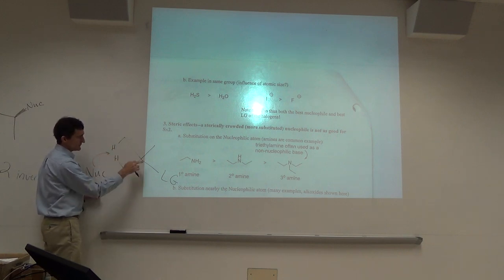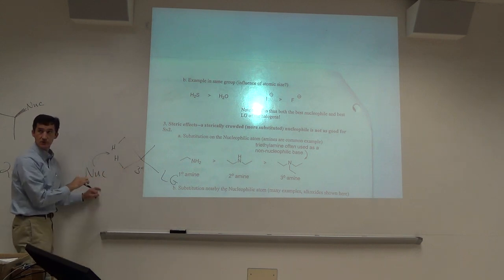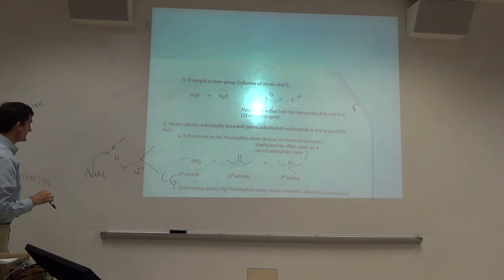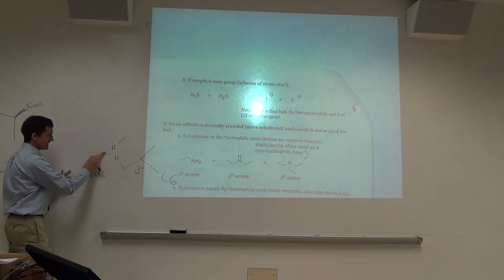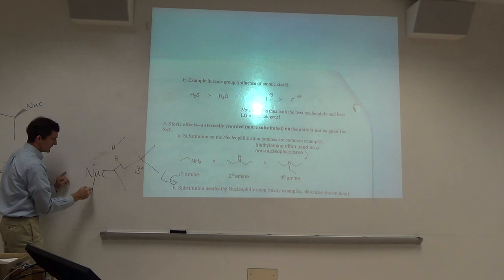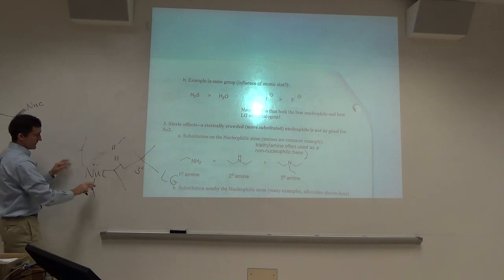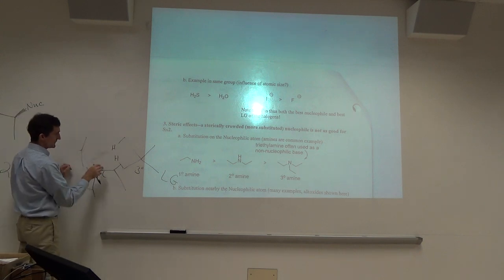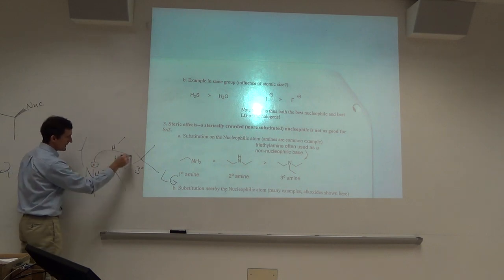And indeed, if this was tertiary, you would never do an SN2, right? Well, the same thing goes here. If your nucleophile with the lone pair starts having big substituents on it, these things are going to block this lone pair from getting back there.